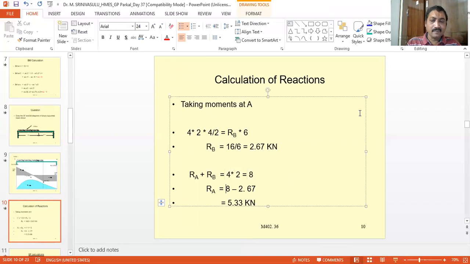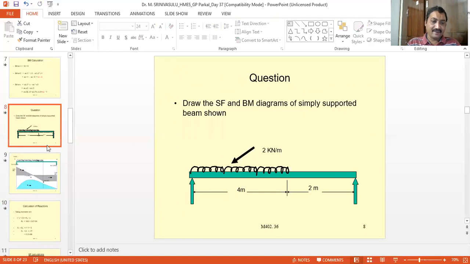Similarly, we know that whenever the beam is in the equilibrium condition, the algebraic sum of the upward forces must be equal to the algebraic sum of the downward forces. That is, RA plus RB is equal to the total load acting on the beam. RA and RB will act upwards, whereas the total load will act downwards. We have only the UDL, that is 2 into 4, that is 8.